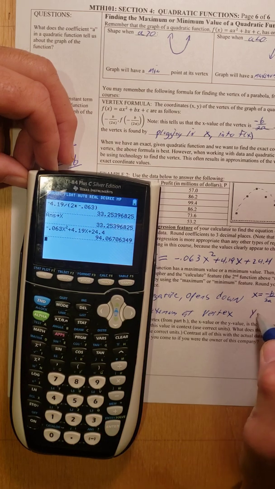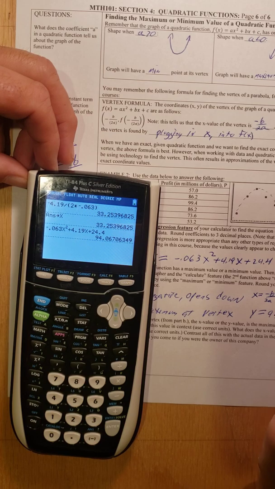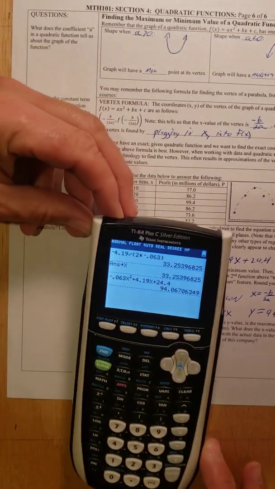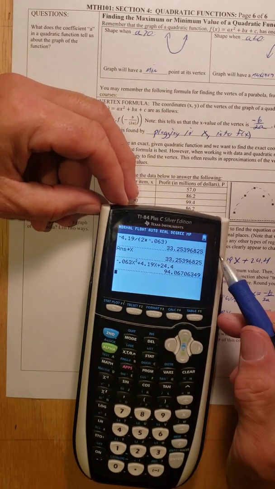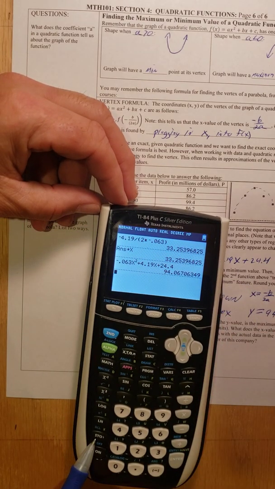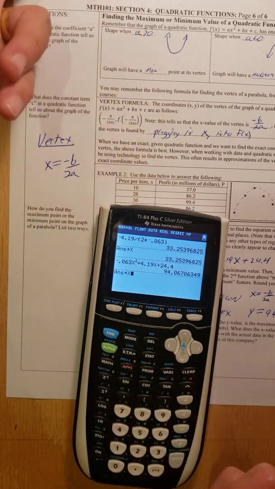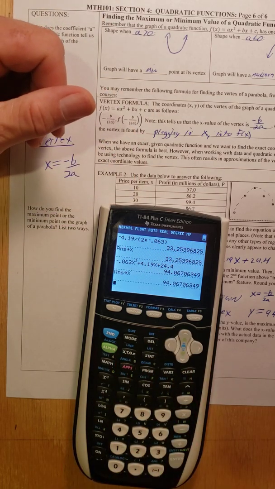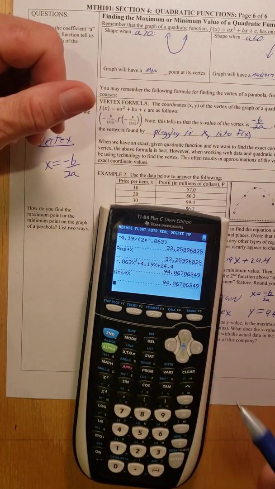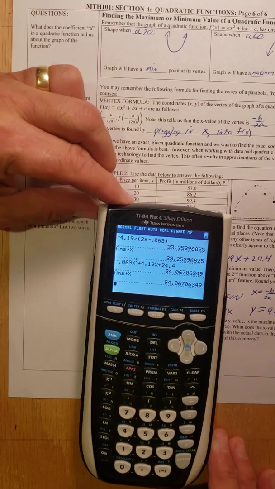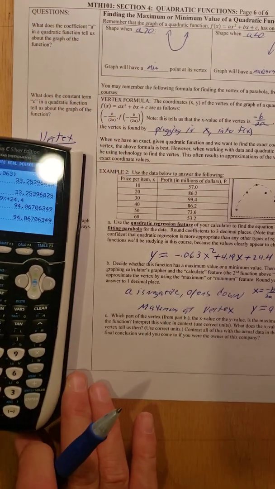And I'm getting y equals 94.07, rounding to 2 decimal places. Okay. So again, what I did there, once I found X, I hit this little store key. So now I could store that as X if I wanted to. Okay. And that really helps me evaluate functions. So you might want to try that.